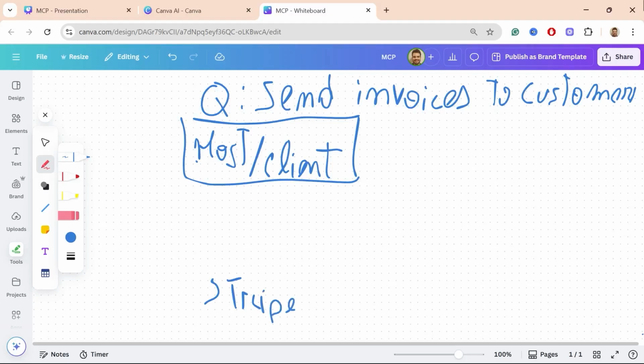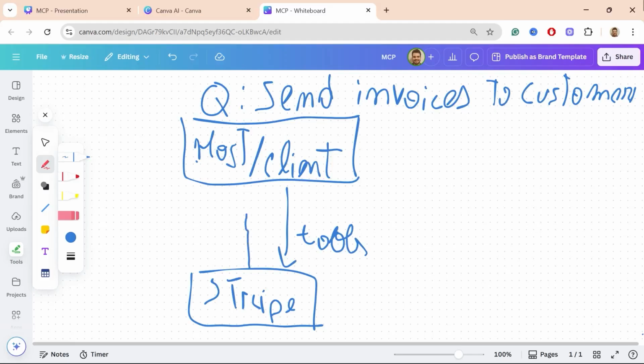And what is going to happen is that we are going to ask Stripe, right? Or not we, but our AI is going to ask, hey, what kind of tools do you have? And then Stripe is going to tell us back, we have a specific tool that actually creates invoices for customers.